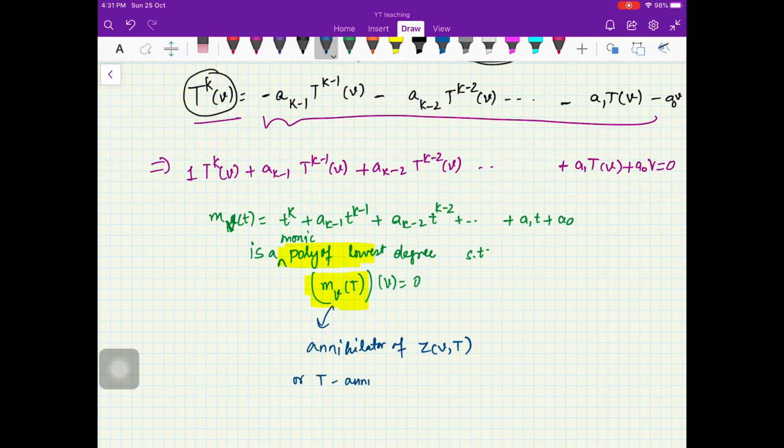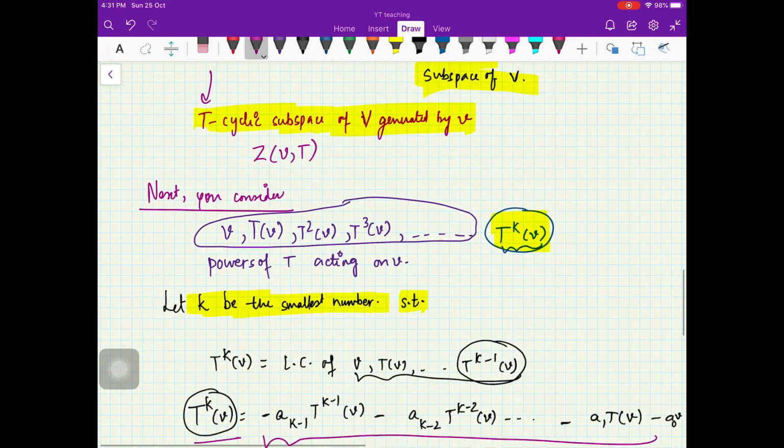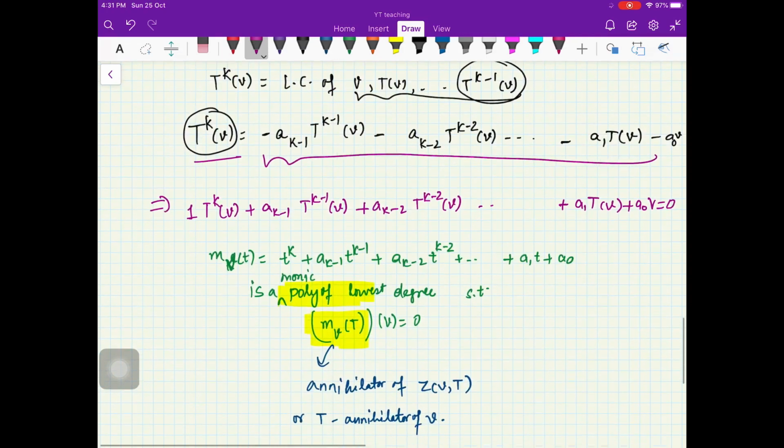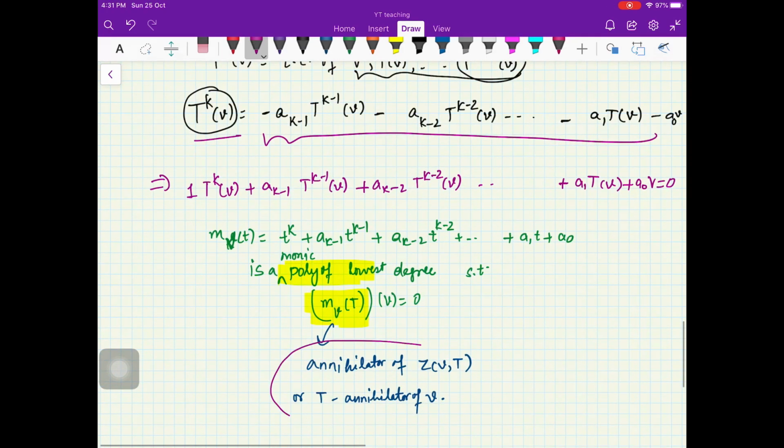These are the definitions we will be using later on. The two definitions which should be clear to you are, first, what the T cyclic subspace of V generated by v is, and second, what we mean by the annihilator of Z(v, T), or the T annihilator of v.